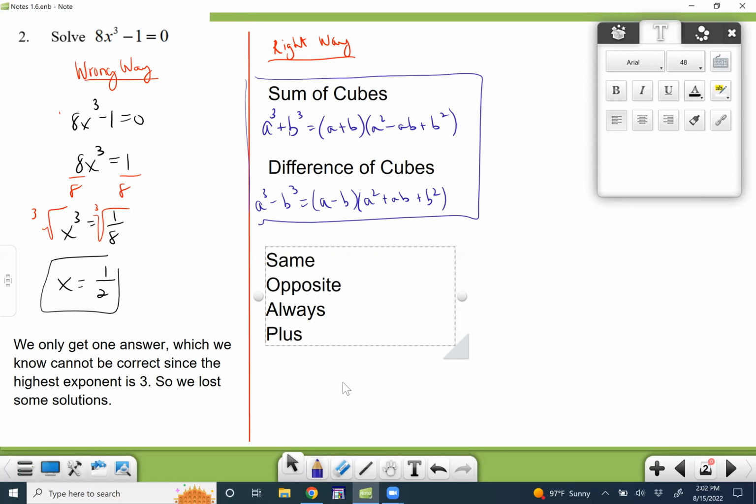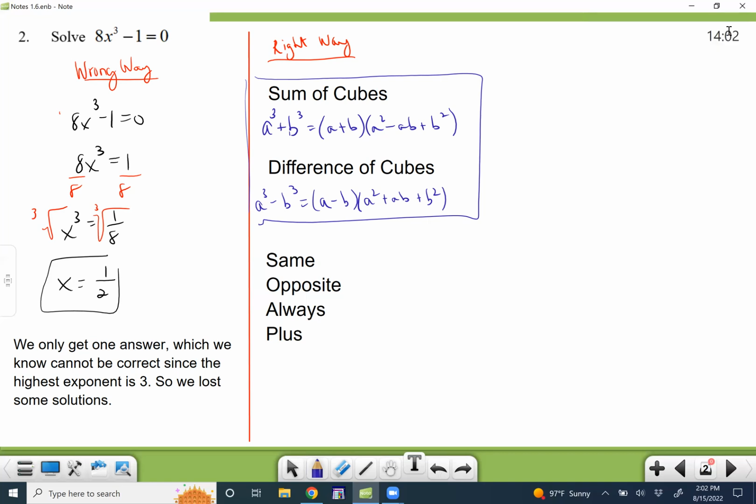So what that talks about is, if you look up above, they actually have all the same letters, right? A, B, B, A squared, A, B, B squared, right? That's not what's changing here. So if you just memorize the letters, then SOAP will help you understand what sign should go in there.